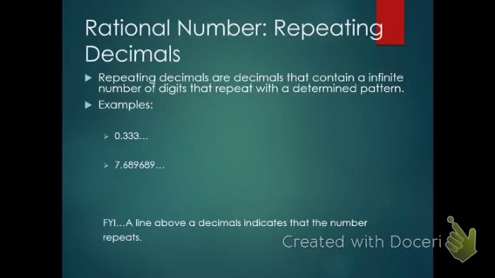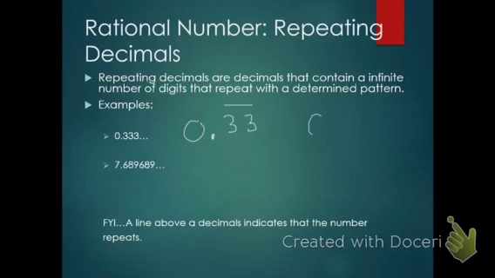Now, you can also write these repeating decimals a little bit differently. I can write 0.333 by writing the 0, the decimal, the 3, and putting a line over it. A line above the decimal indicates that the number repeats, so that 3 repeats.